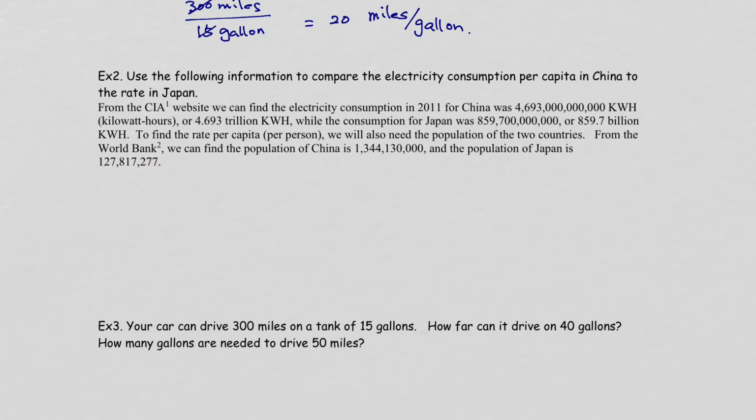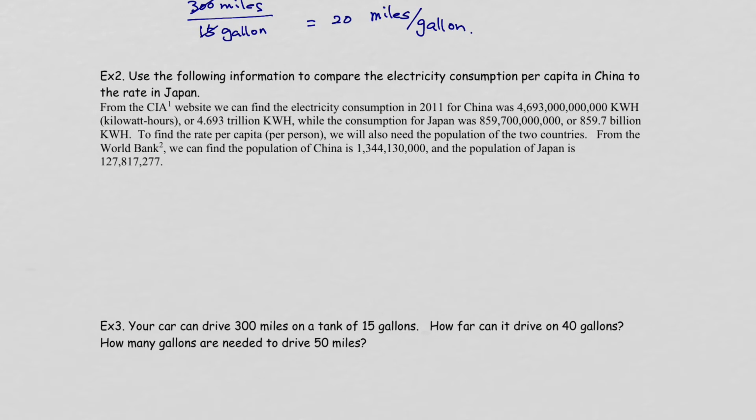So if we want to write this as a rate and unit rate, let me see. Let's do the China comparison. We will have 4.693 trillion kilowatt hours, and then the population.